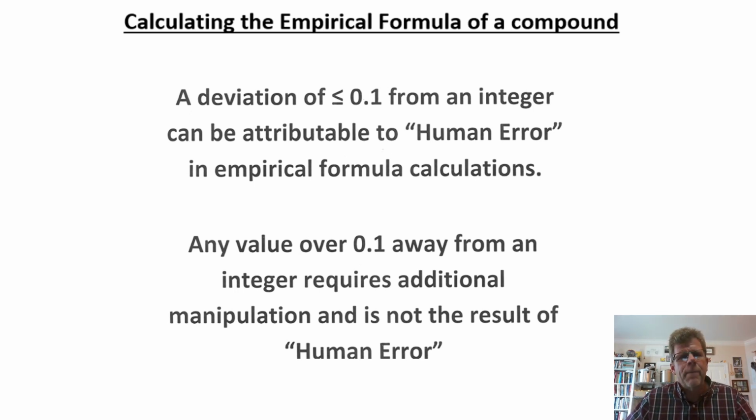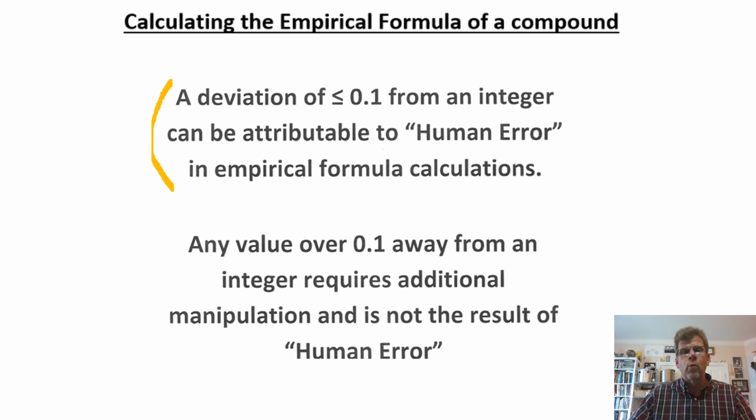So here it is. For our purposes, a deviation of less than or equal to 0.1 from any integer can be attributable to human error in these empirical formula calculations. So if it's 0.1 or less, it is human error, and thus we're going to round down or up. In the last problem, it was 0.02 from an integer.